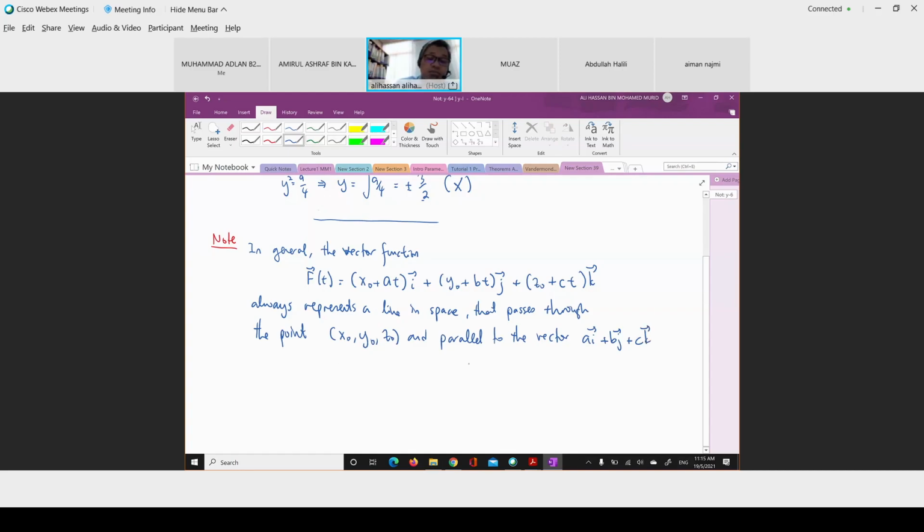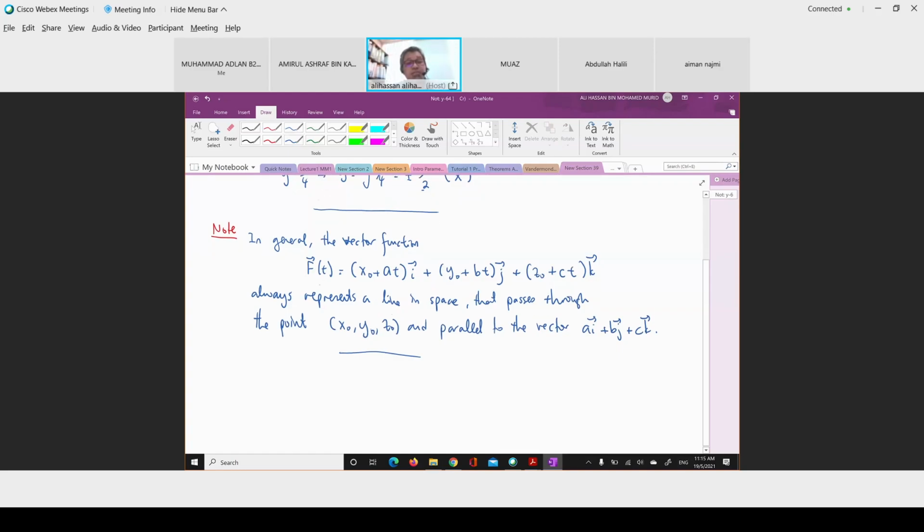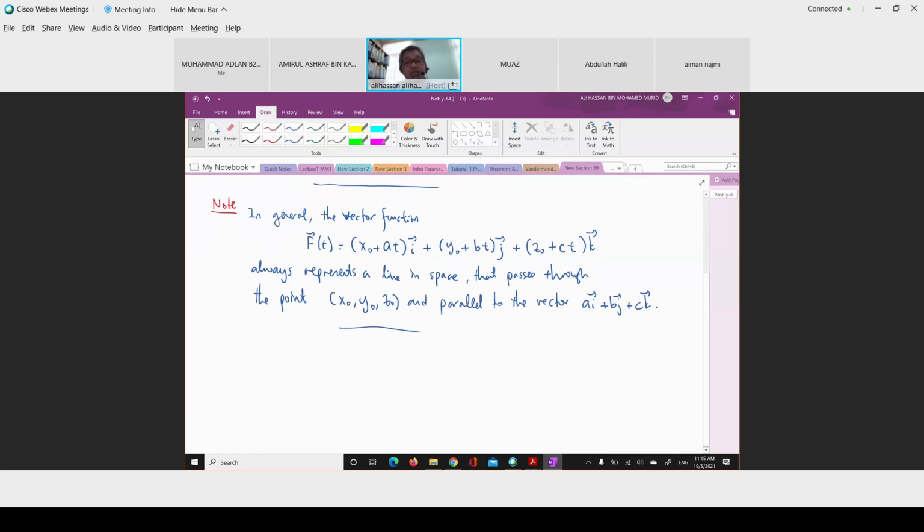This is a fact. You look at the coefficients of vectors i, j, k, they're all linear in t. That's why this vector function represents a line in space that passes through the point x naught, y naught, z naught and is parallel to the vector ai plus bj plus ck.